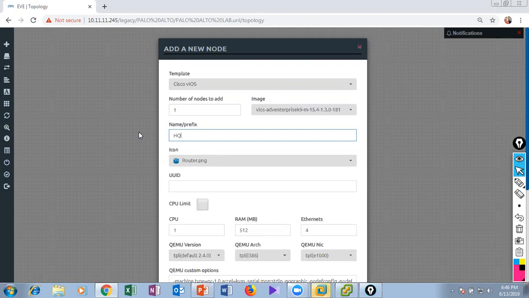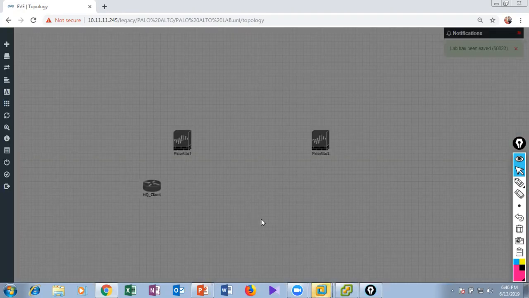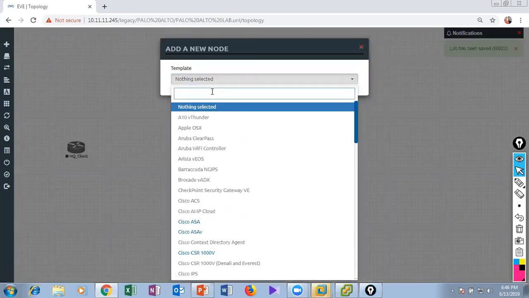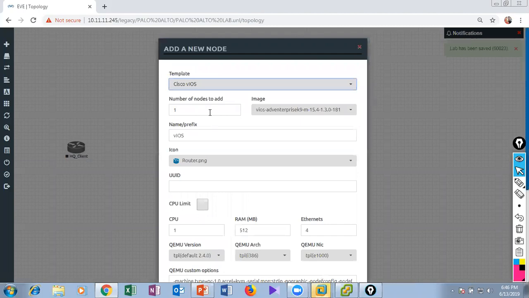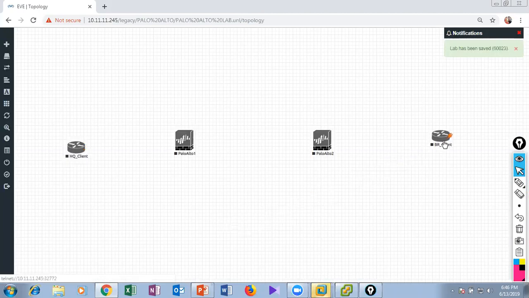This will be the HQ client, I'll give it a name, HQ site, and for the other I'll take branch_client. It will act like a branch internal network.